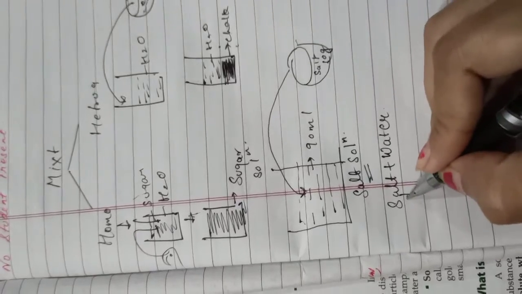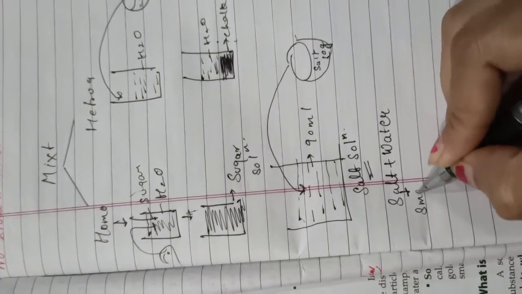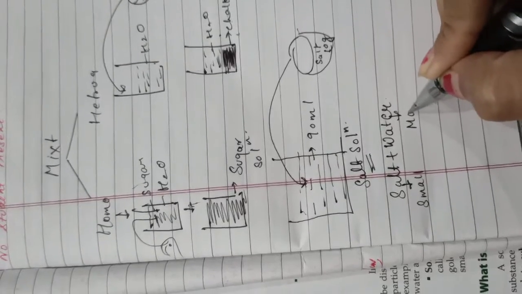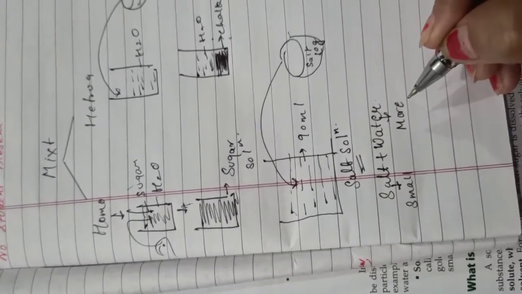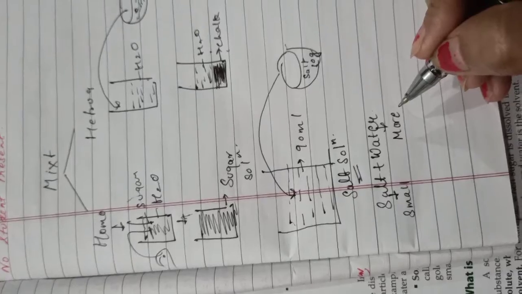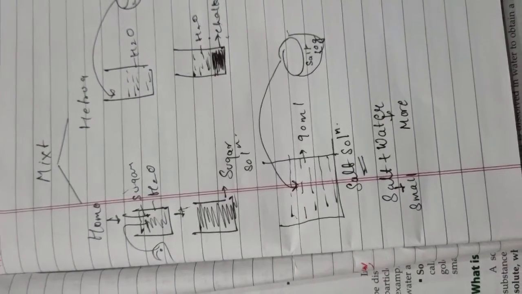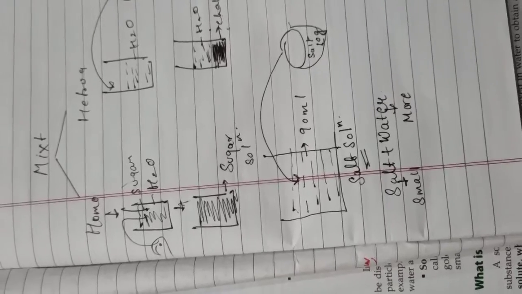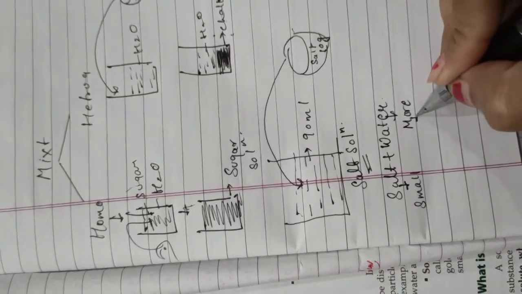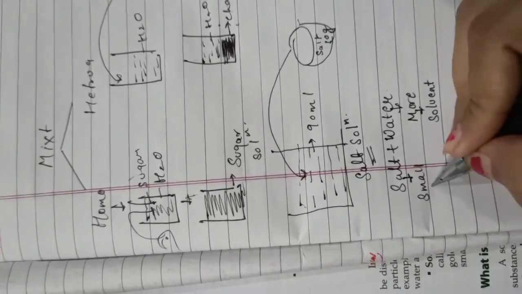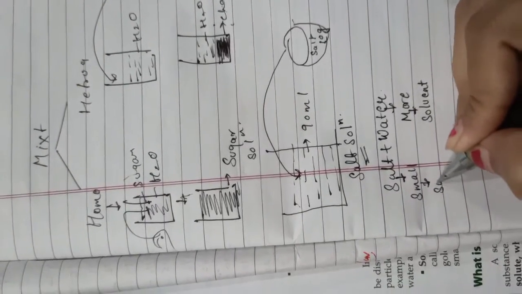It means here salt we have taken in a small quantity, water we have taken in a larger quantity. The thing which we take in a larger quantity, not only water, other things can also be there, is said to be the solvent. The thing in less quantity is said to be the solute.